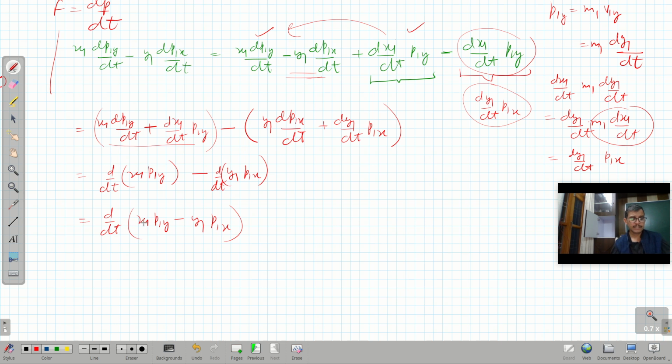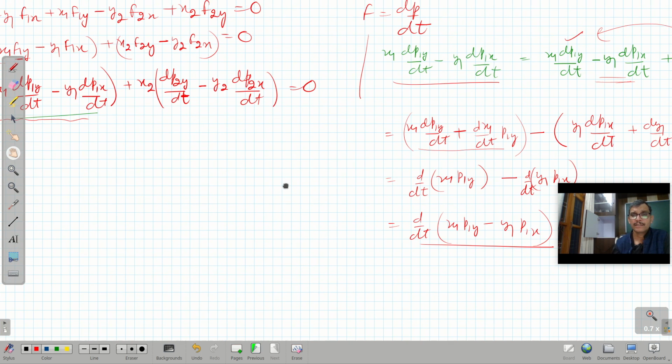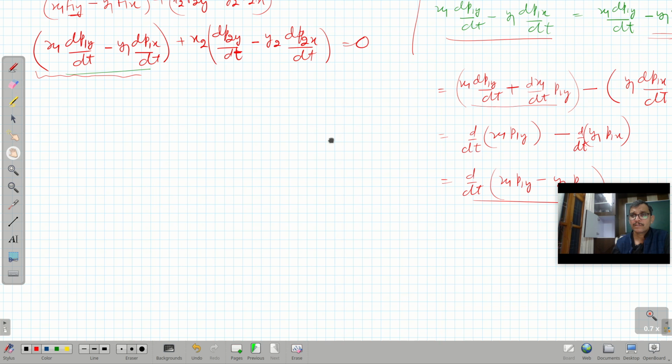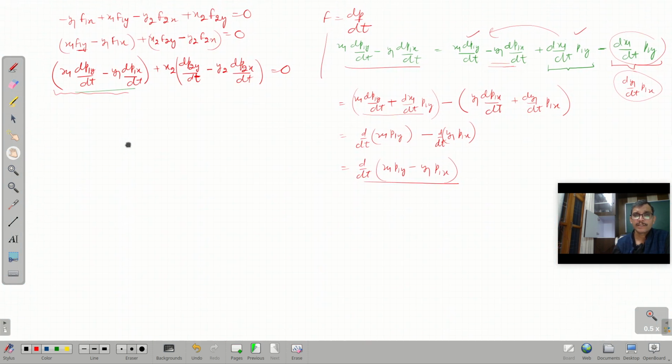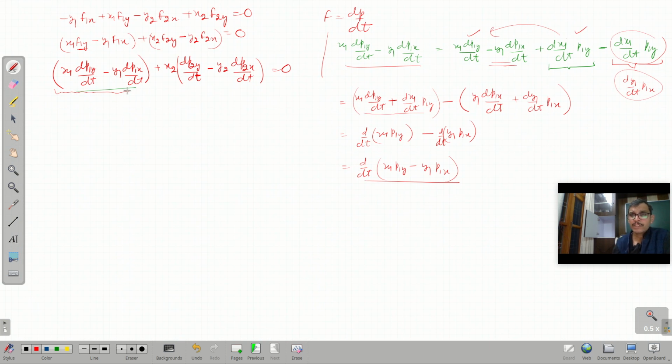It can be written this way, right? And this whole term is equal to 0. So this part is equal to this one.